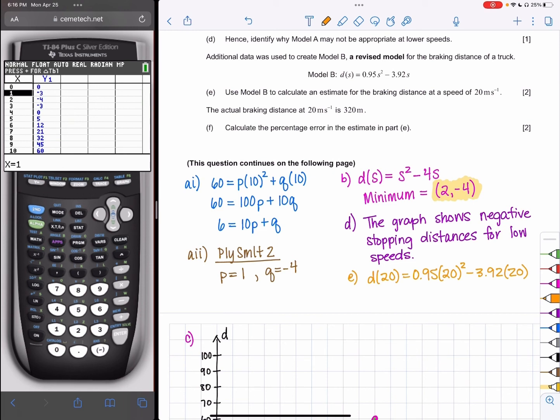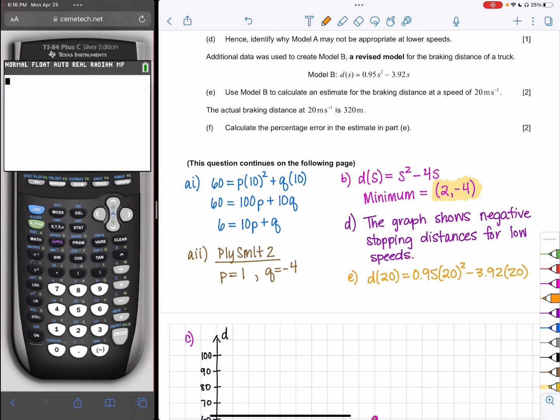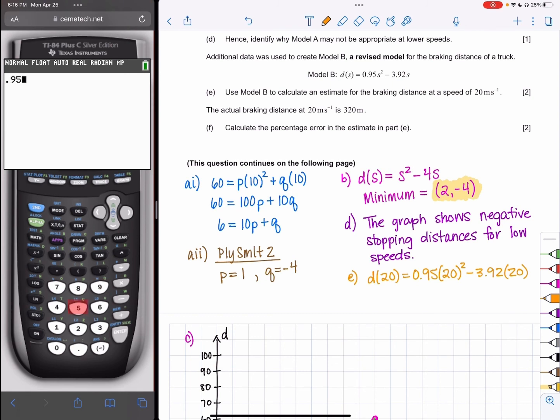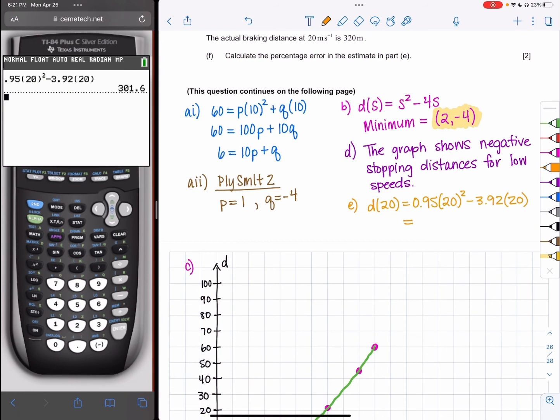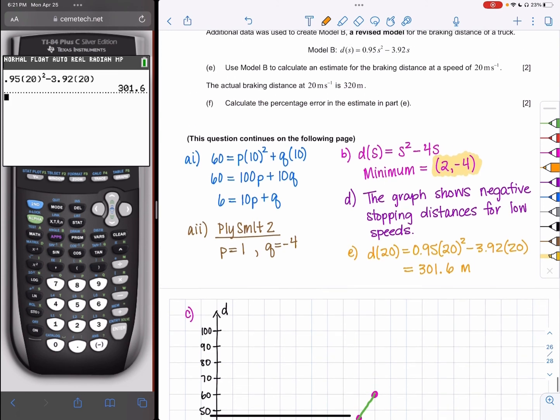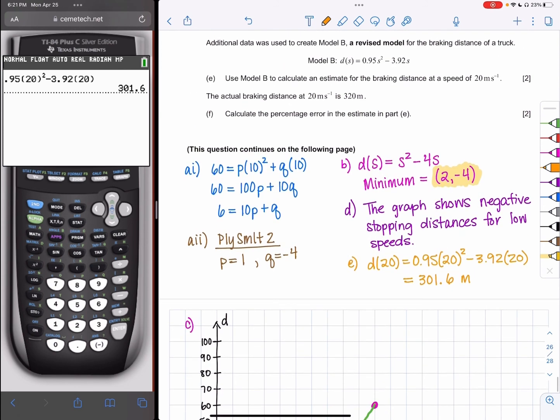I'm going to go back to my main screen and substitute this into the calculator. So 0.95 times 20 squared minus 3.92 times 20, and I end up getting that the estimated distance was 301.6 meters.